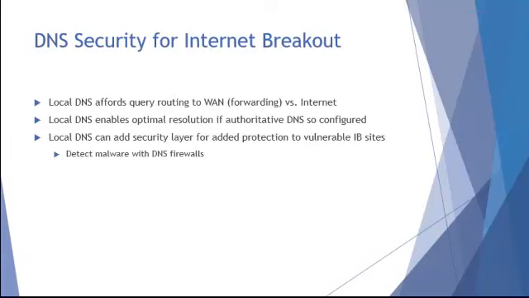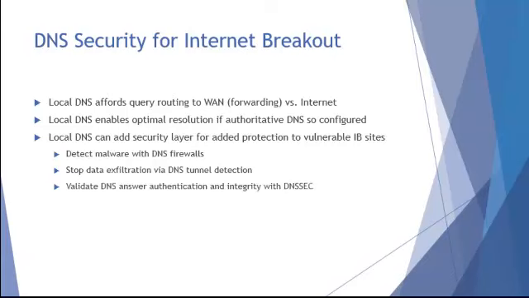So for example, if you implement a DNS firewall on that local DNS server, you can detect malware within that site that is attempting to contact the command and control center through the Internet, and the DNS firewall can help detect that. It can also help to detect and stop data exfiltration through DNS tunneling, use of the DNS protocol to actually encode and transmit sensitive data out of the organization.